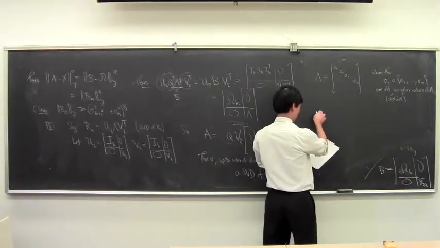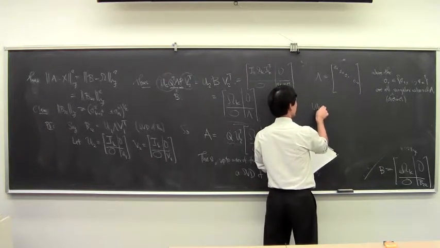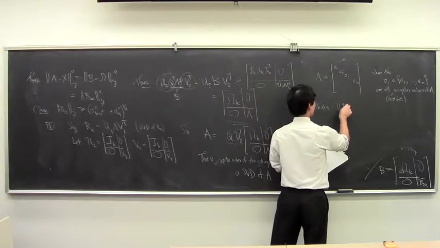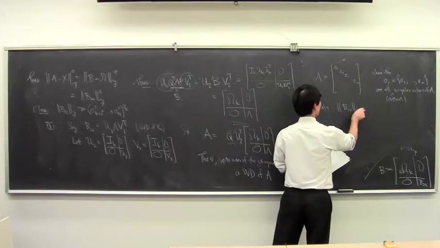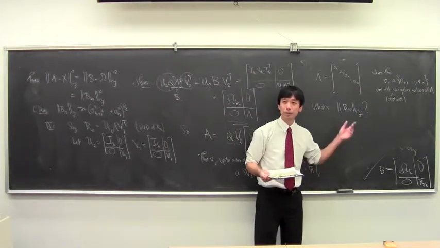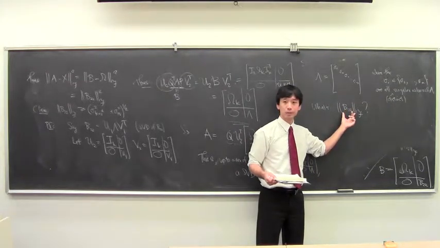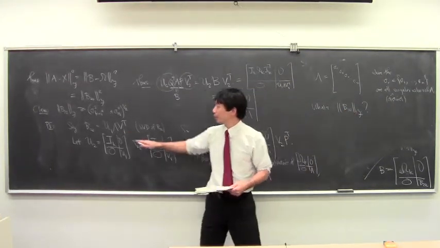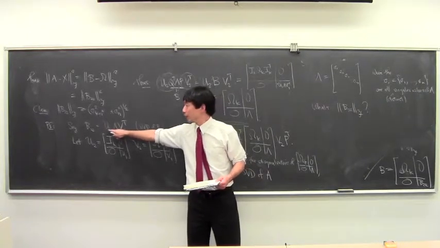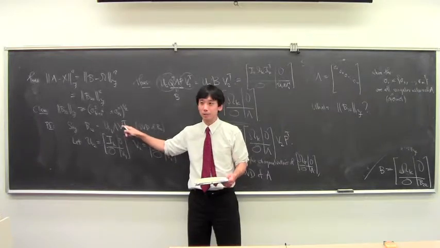So then, what's the Frobenius norm of B22? Well, the Frobenius norm of a matrix equals the Frobenius norm of the central guy, because multiplying on the left or right by orthogonal matrices doesn't change the Frobenius norm.